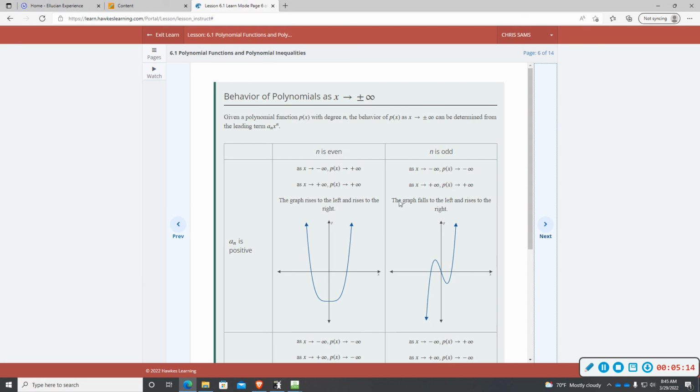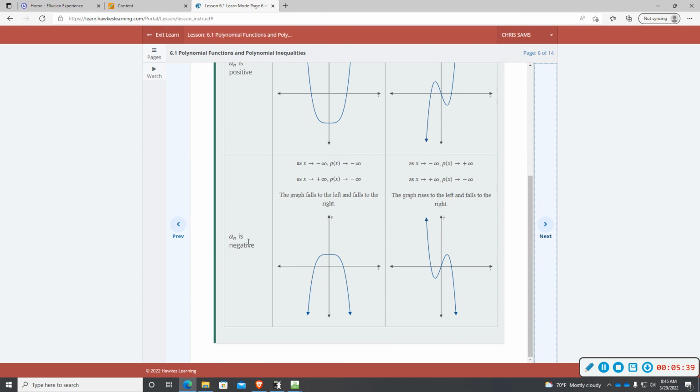And then when n is odd and positive, the right side is up, the left side is down. So that's what this is saying. As x goes to negative infinity on the left side, y goes to negative infinity. And as x goes to positive infinity on the right side, y goes to positive infinity.